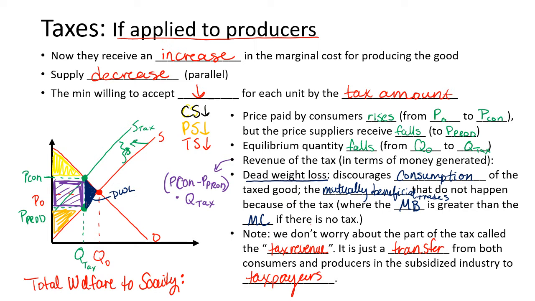Welfare to society is including the fact that there may be some alternative things happening outside of the market because of what's happening in the market. And here, because of the tax, it's shifting resources away from this market into other ones where they are actually going to be less efficiently used, and therefore society is worse off because of this deadweight loss. So anytime you see a deadweight loss, that means society as a whole, not just the ones in this market, are going to be worse off.